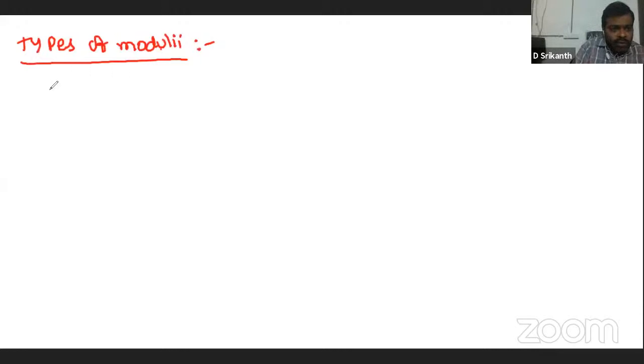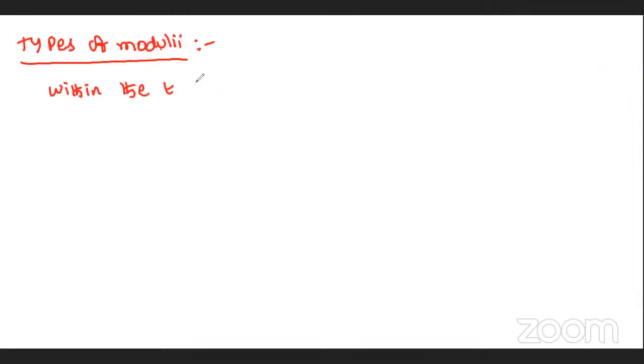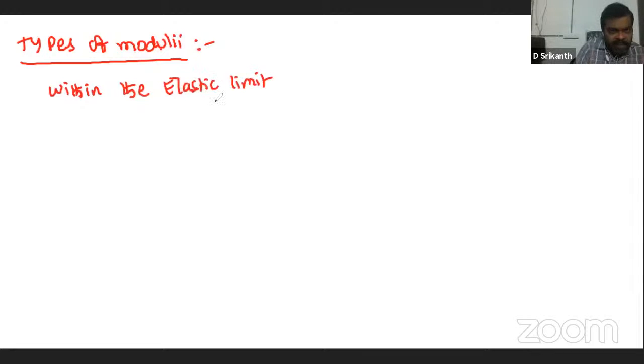Generally, according to Hooke's law, within the elastic limit, stress is directly proportional to strain.